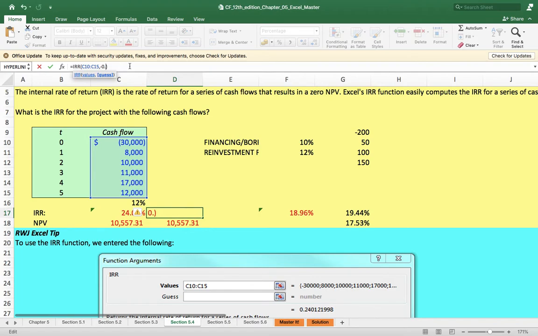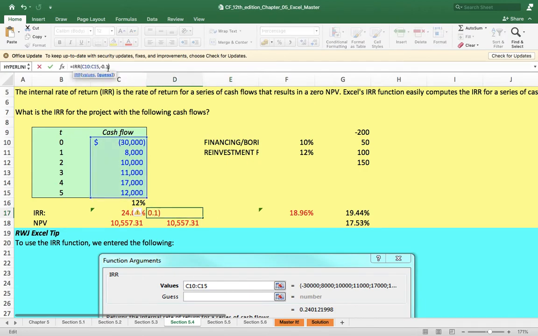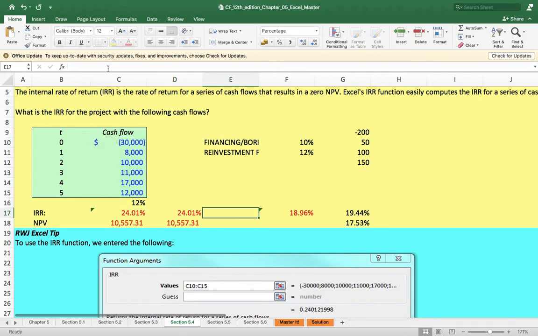I have taken 99, you can take 100 also, same. You can take 200 or 199 as the guess, and the same answer will be there. Why? Because one cash outflow is followed by cash inflows, with no sign change in between.